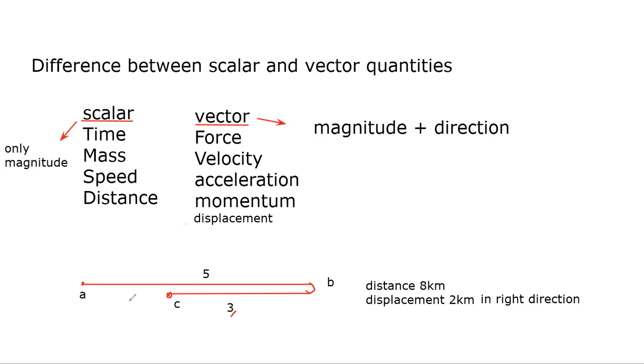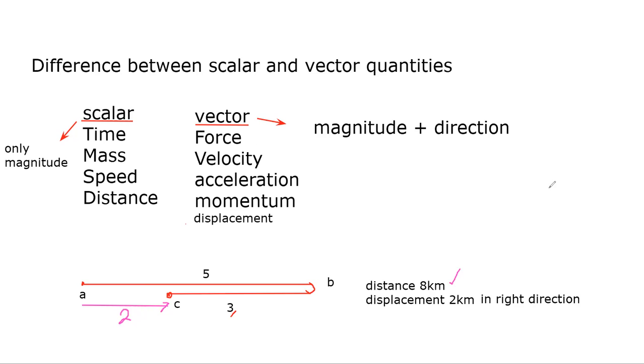But effectively, he just covered this much. So the effective distance he covered was this much, and that is equal to 2 kilometers. So effectively, he covered 2 kilometers in the right direction, but for distance, the direction is not important. So we can say that he covered a distance of 8 kilometers and displacement of 2 kilometers in the right direction.